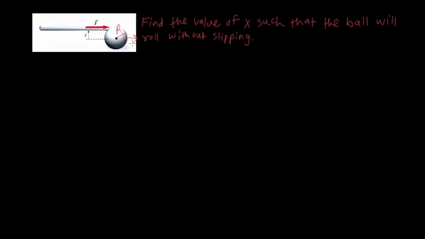The reason why is because since it's struck through the center, there's no torque applied to the ball. And so it'll just translate forward, shown like this in the red arrow. It'll have no rotation, but it will just translate forward if it's struck right through the center like that.